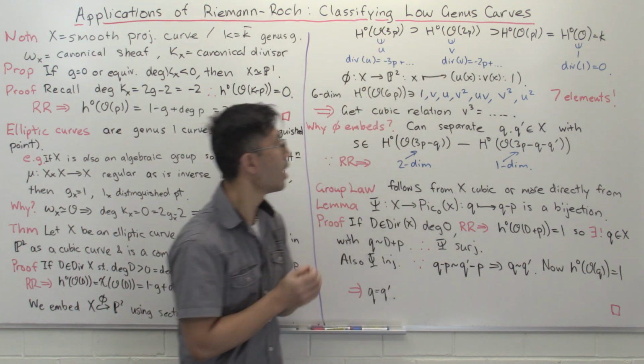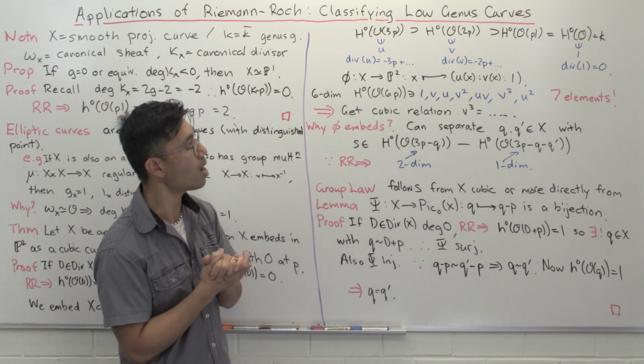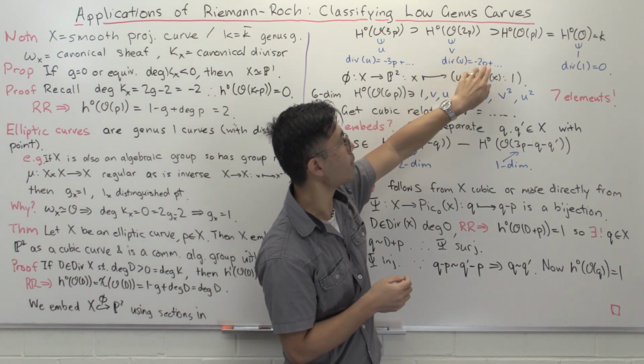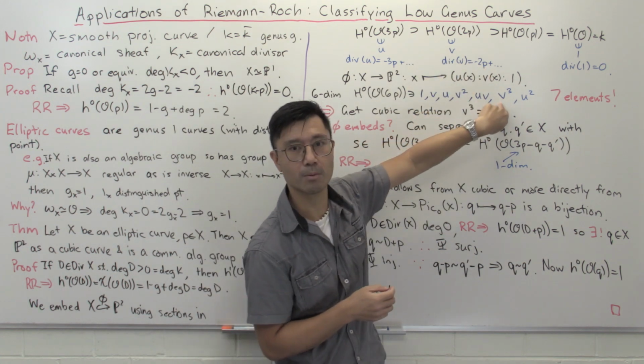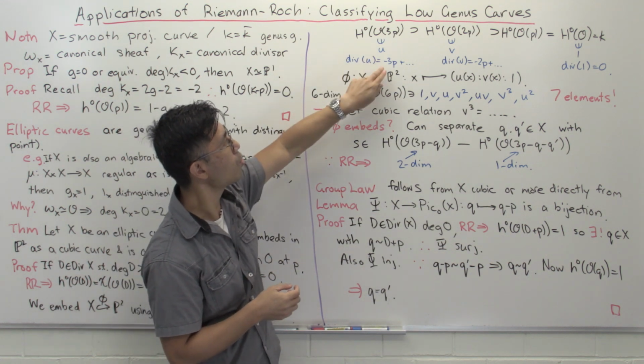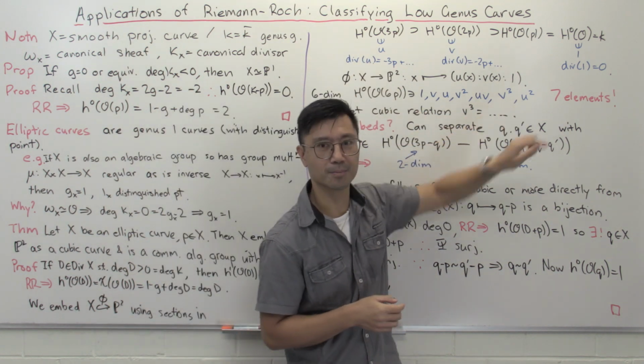And finally we can look at O(6P), and how can we get elements in there? Well, one way is you can take this function V with a double pole at P and cube it to get V cubed. Another way is you can take this function U, with a triple pole, and square it to get U squared.